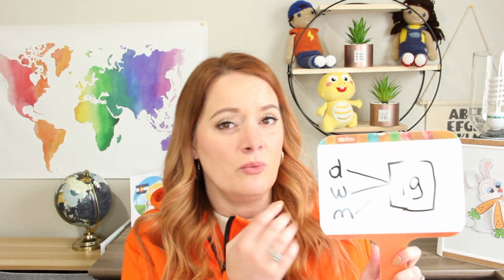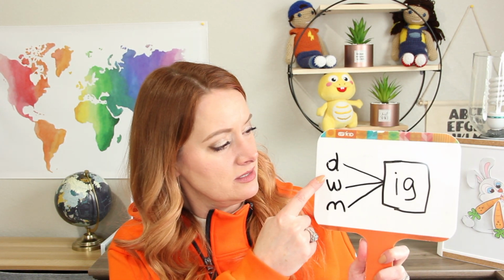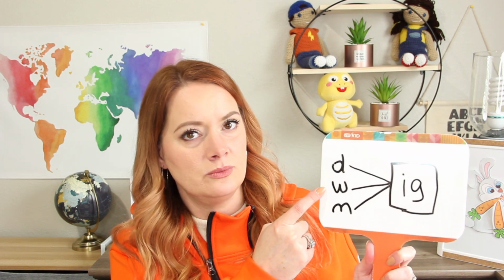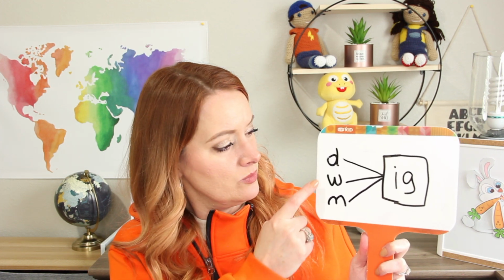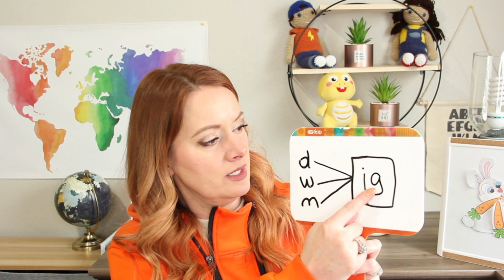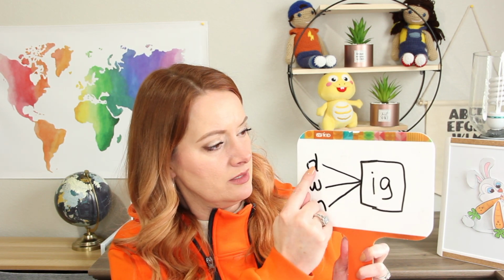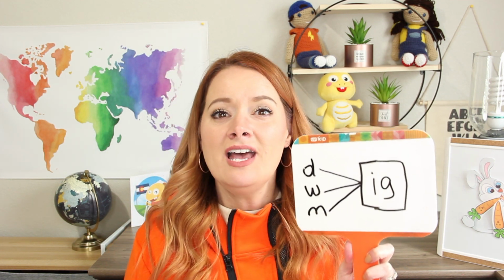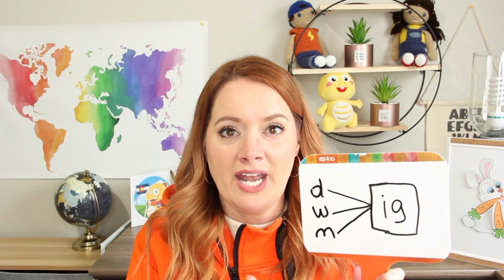So we want to make sure that we're using our phonics here, and the way we want to teach those phonics is d, ig, dig; w, ig, wig; m, ig, mig. So you see, you want to cut it off and be precise with that ending. So keep in mind those synthetic phonics and how VIPKID likes those to be taught.